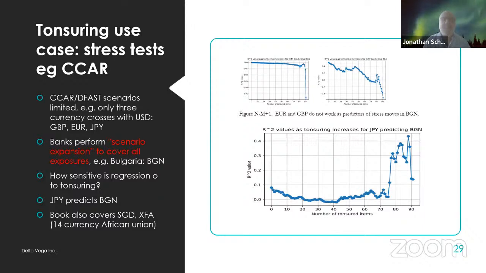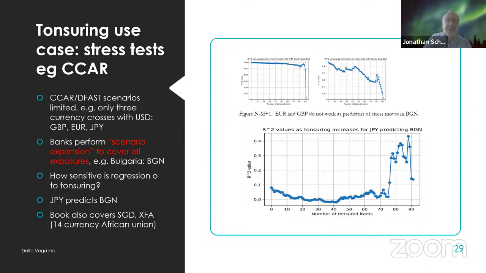What you might want to do is see the effect of tonsuring: as you remove the center of the distribution and keep the wings, how much do you have to remove? That would be the x-axis here. And what is the effect on R squared? So there's an example of how well the linear model works.